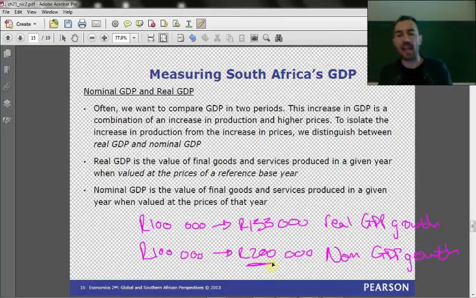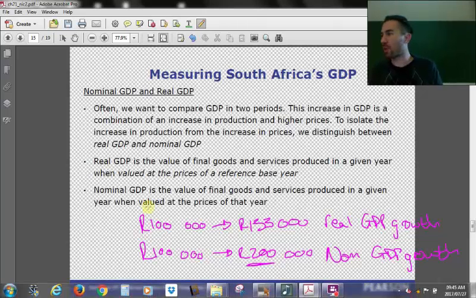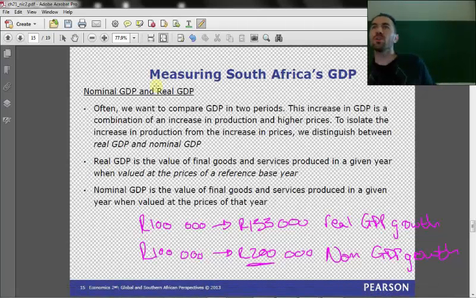We would have the same value of nominal GDP, but what would our real GDP value be? And I leave you on that question. So, the first thing we'll do tomorrow is we'll say, right, what would the value of real GDP be in 2018 if prices in 2018 were 2,500? Okay? First thing tomorrow.